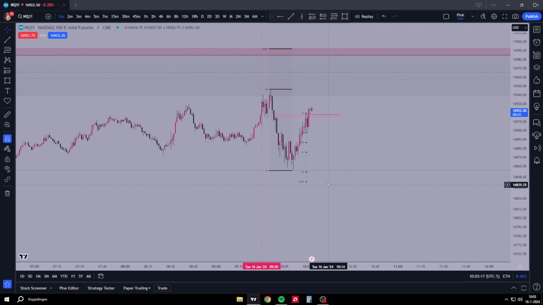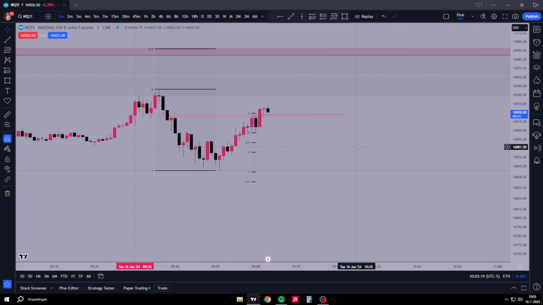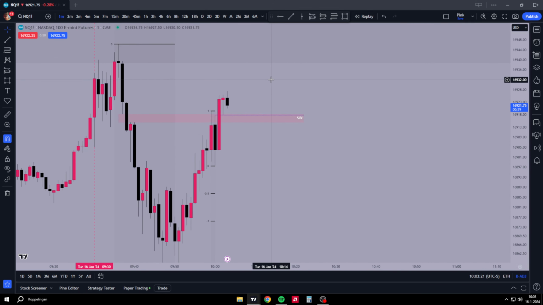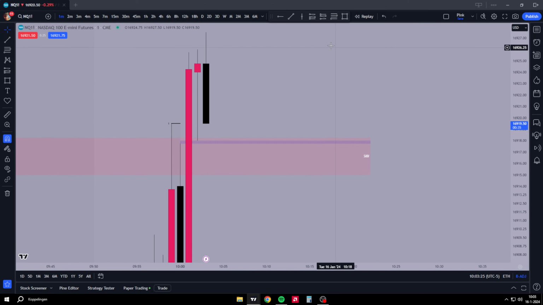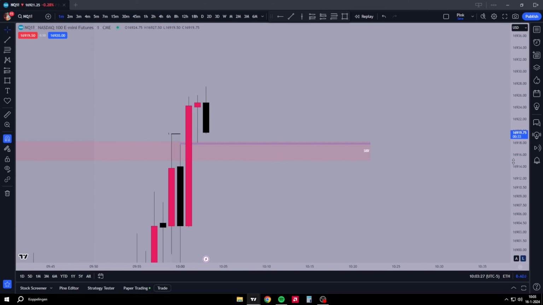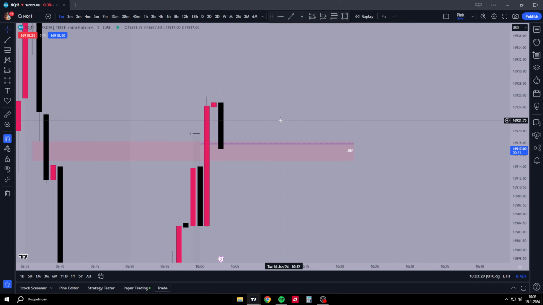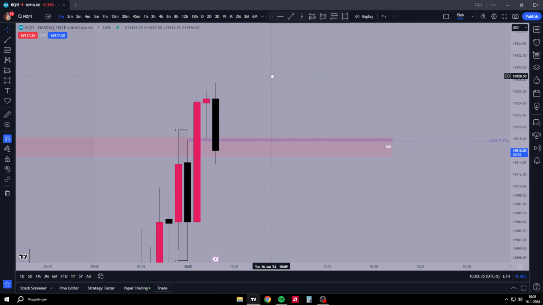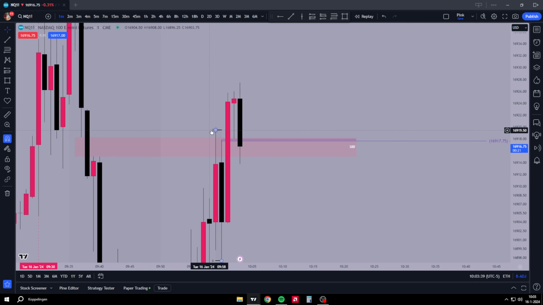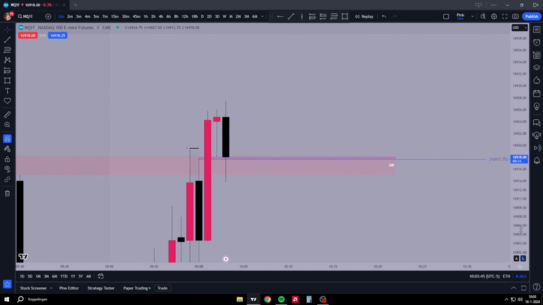Standard deviation, -2, -2.5 brings us to that low. But there's really not a setup here. Or is there? Or is there? Swing high, swing low, swing higher high. We'll see what we do.